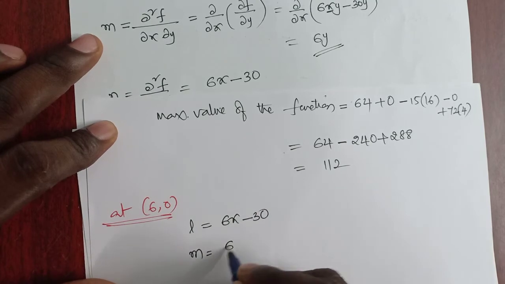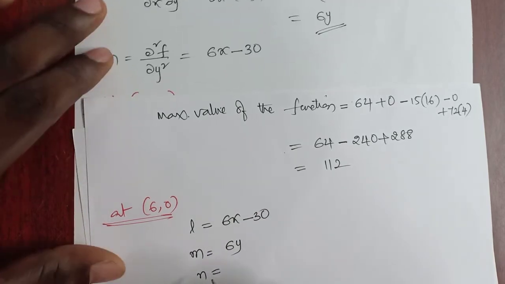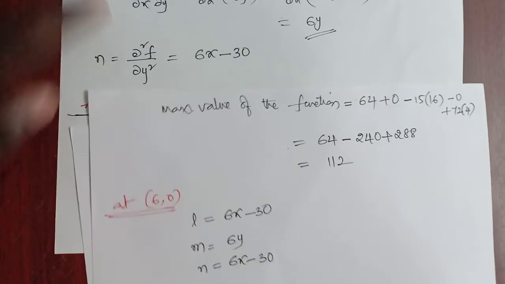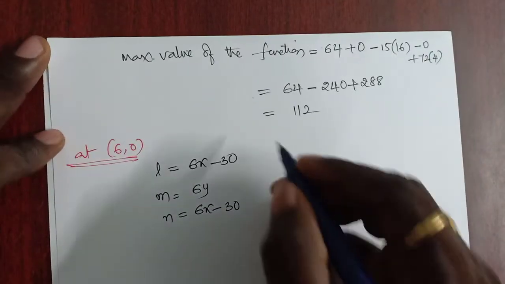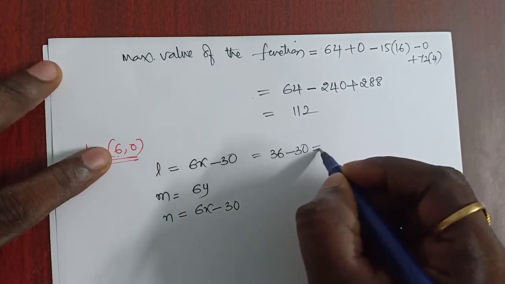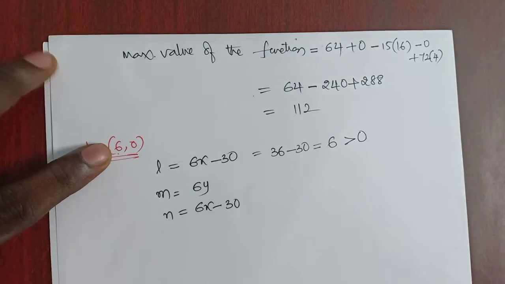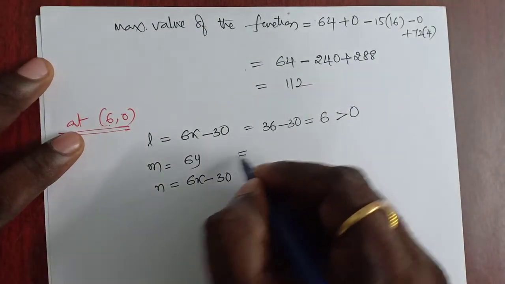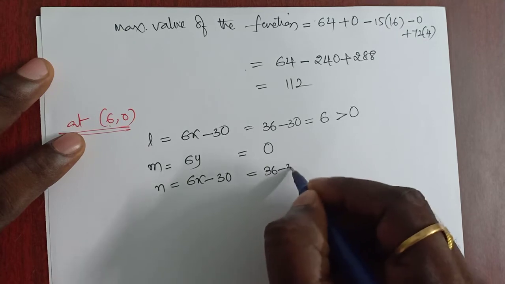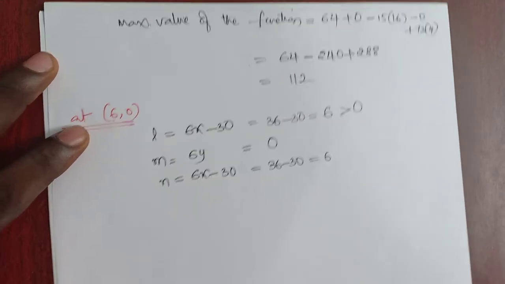M is 6y. N is the same, 6x minus 30. Okay, now substitute the points. So 6 into 6, 36 minus 30 equal to 6, which is greater than 0. 6y, 0, 6 into y, 0. Now again 36 minus 30, which is 6.